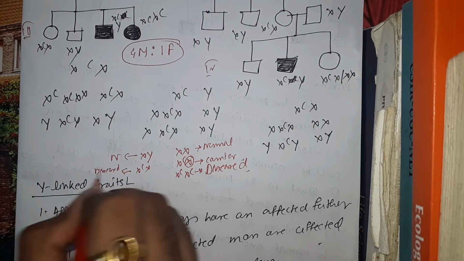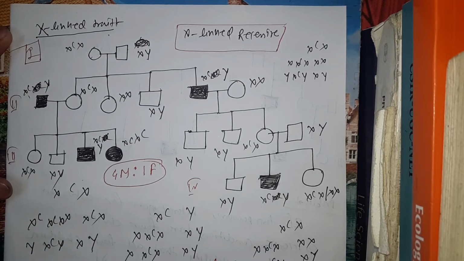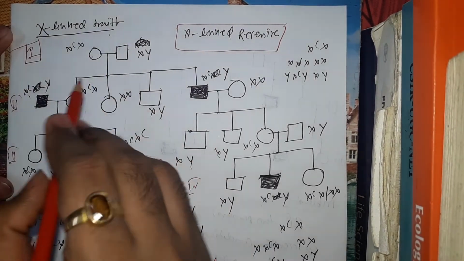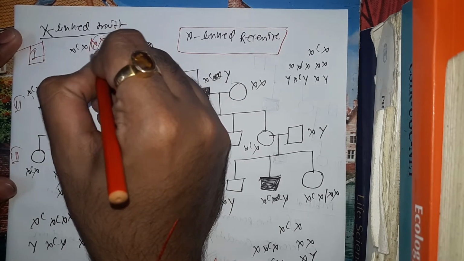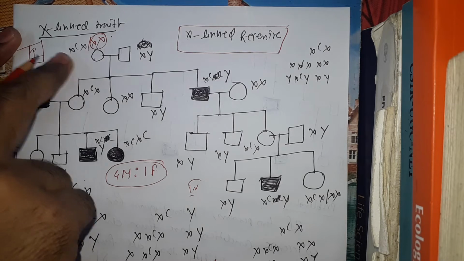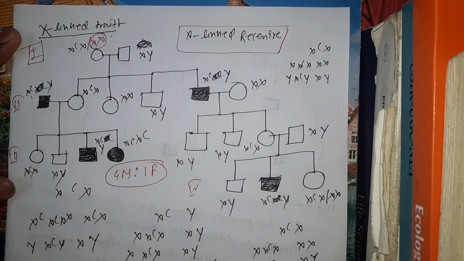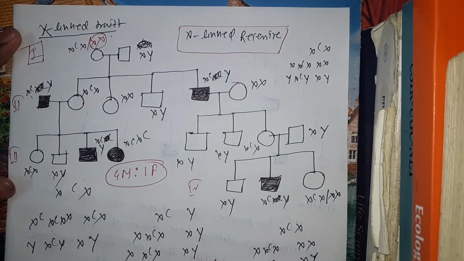Okay, so let's start. We can easily assign this. There can be two possibilities: either it is dominant normal, or it has a recessive disease gene, but its expression is masked by the presence of the dominant normal gene. So let's find out what the truth is.